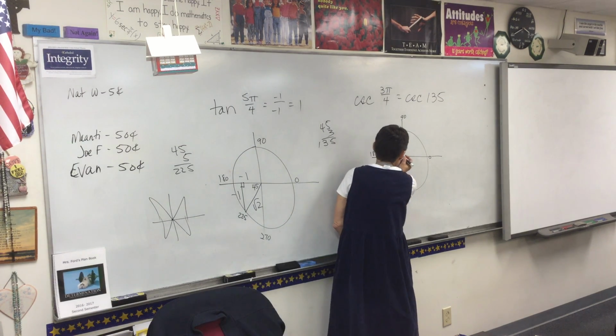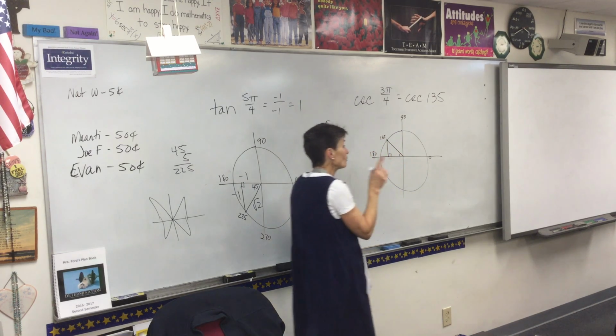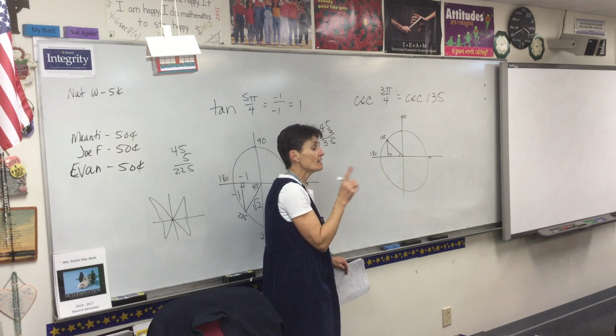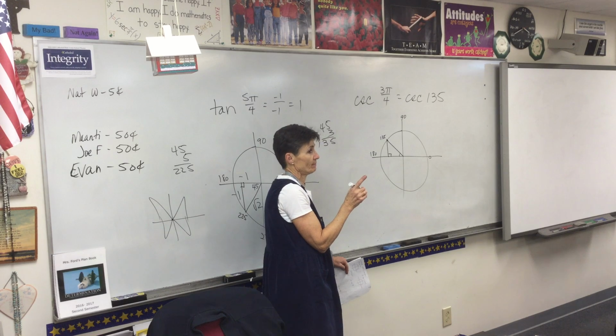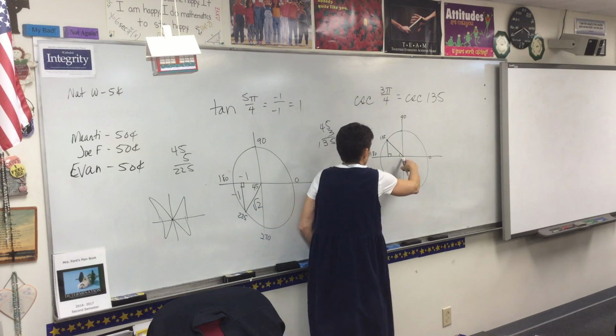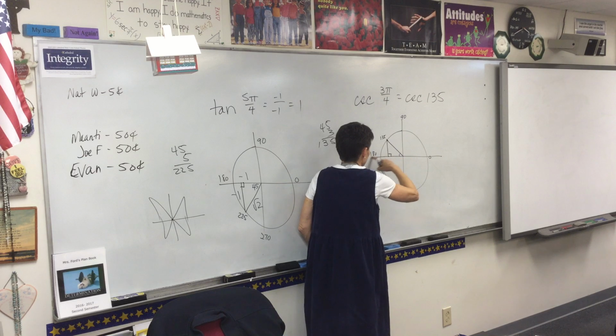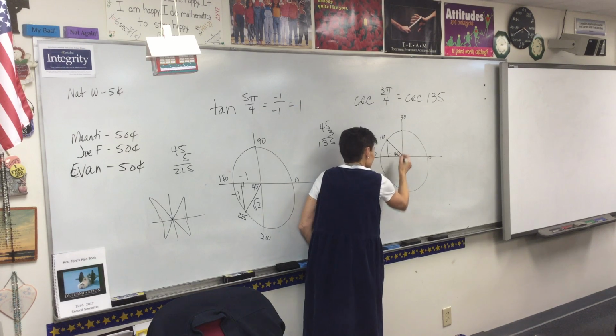Now I need this angle. Remember, the angle you have to find is the one at the origin. Look at this piece of pie right here. It's formed by the 135 line and the 180 line. How much is between the 135 and the 180? 45.